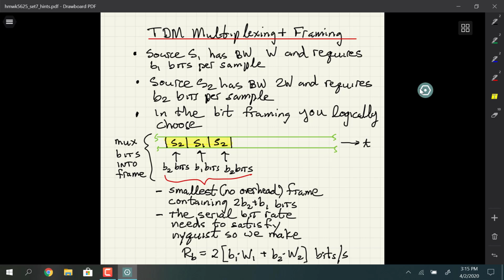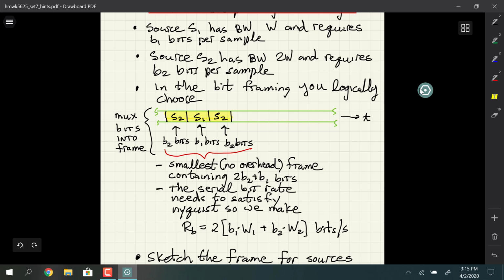So in this example here, I just have 2 channels, and I have a bandwidth W1 for one channel and a bandwidth W2 for the other channel, and the bits needed per sample are B1 and B2.